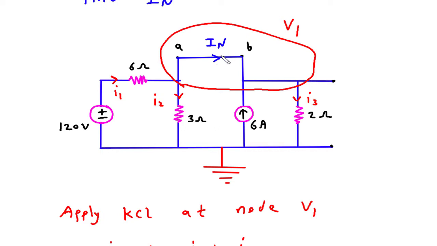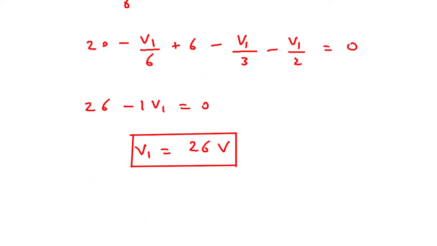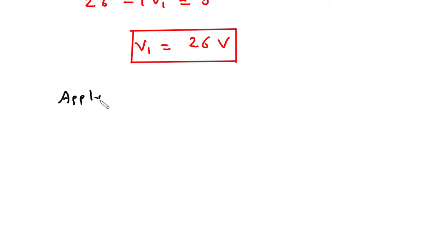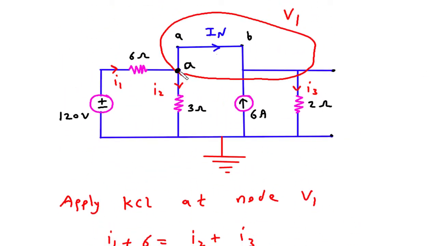Now IN is equal to, if we apply KCL at this node, let's say this is node A. Apply KCL at node A. So summation of all the entering current: entering current at this node is I1.